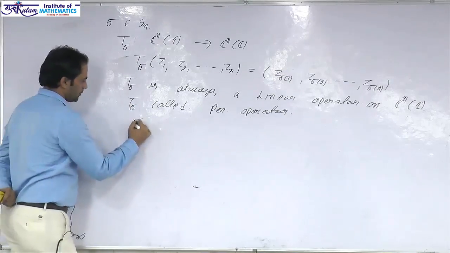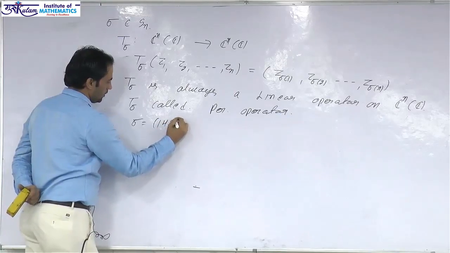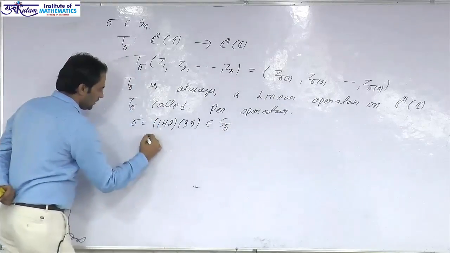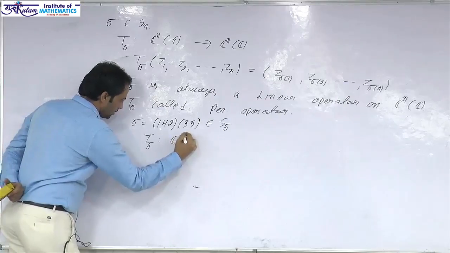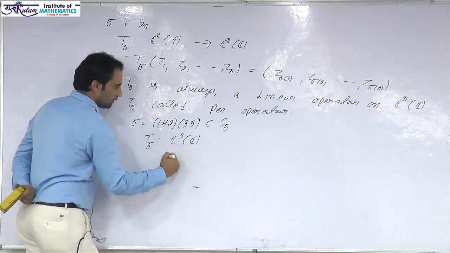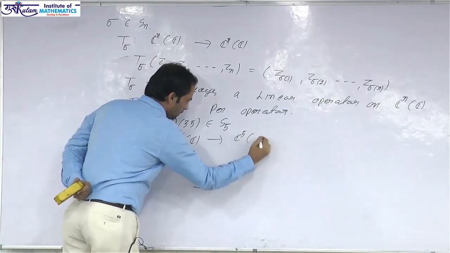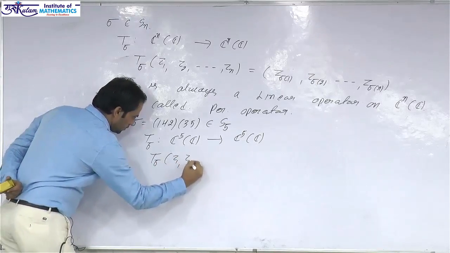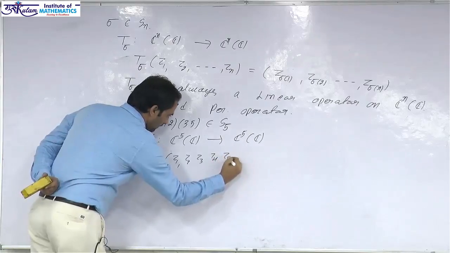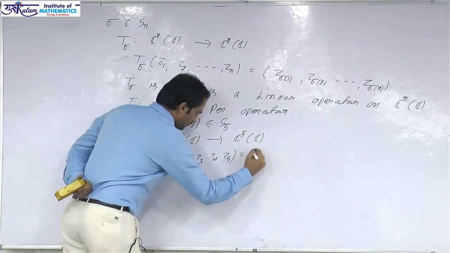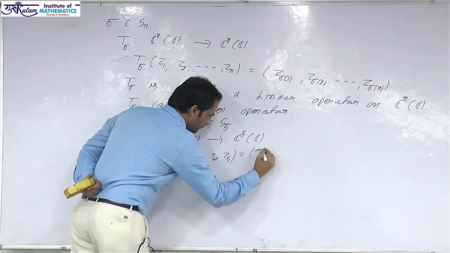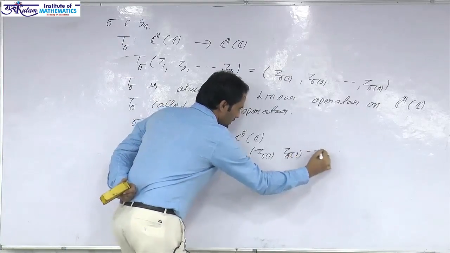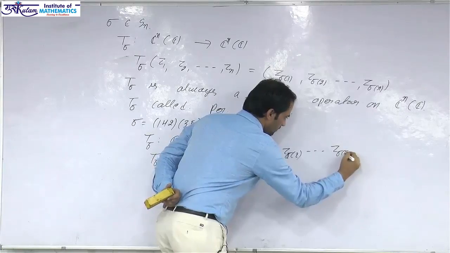For example, if sigma is 1 4 2 3 5 belonging to S5, then T sigma is defined from C5 over field C to C5 over field C, such that T sigma of Z1, Z2, Z3, Z4, Z5 is equal to Z of sigma 1, Z of sigma 2, and so on, Z of sigma 5.